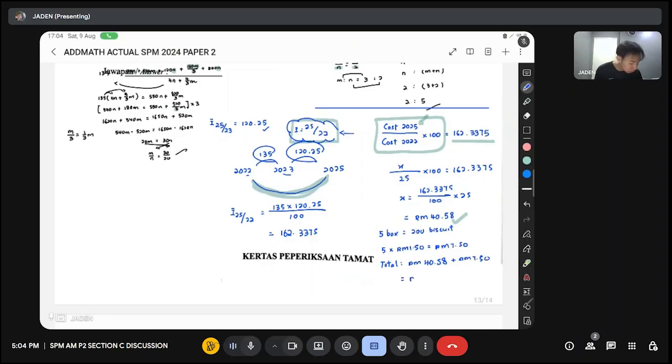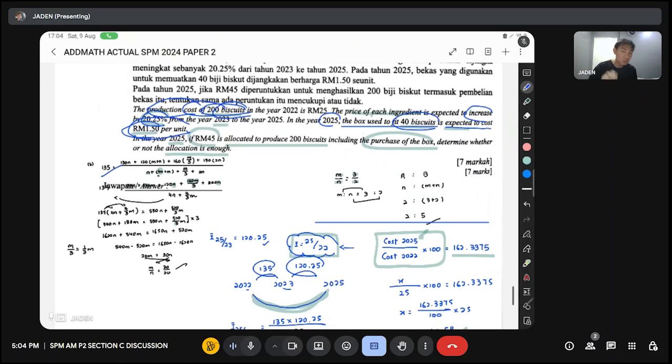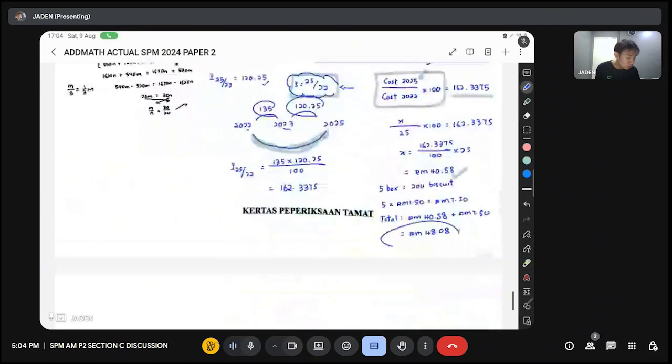You end up at RM 48.08. So if let's say your budget is only 45 ringgit, do you think it's enough for you in 2025 to actually make 200 biscuit and also to put it all into your box? The answer is no, because you only have 45 ringgit. But in actual, you need 48.08 to fill up everything that you produce.